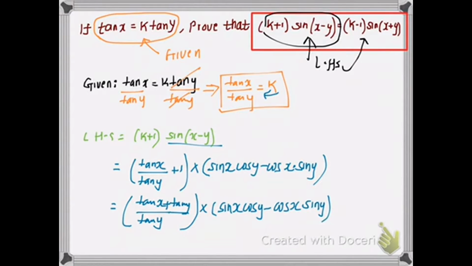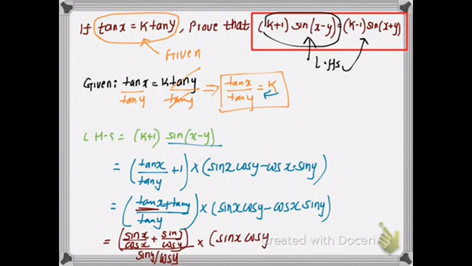Now what we can do is change the value for tan x in terms of sin and cos. So for tan x we can write sin x by cos x, and for tan y we can write sin y by cos y, and let me divide this term by tan y, which is sin y by cos y, and then the remaining term I'm going to write as it is. So cos x sin y.